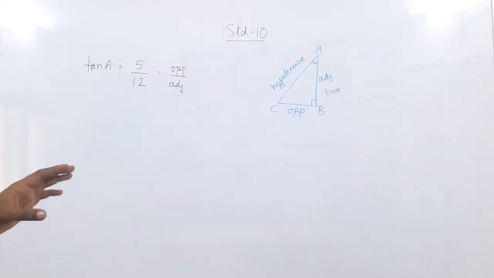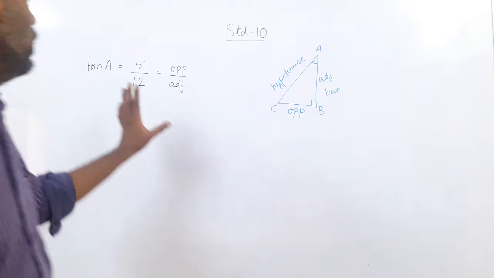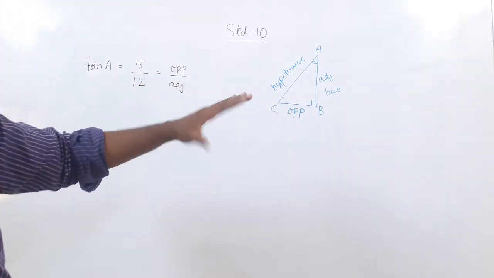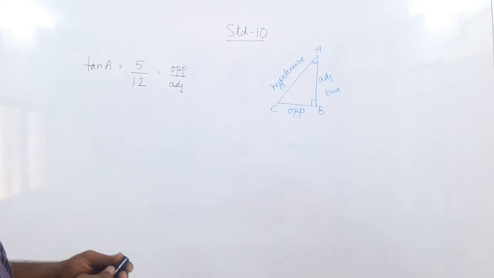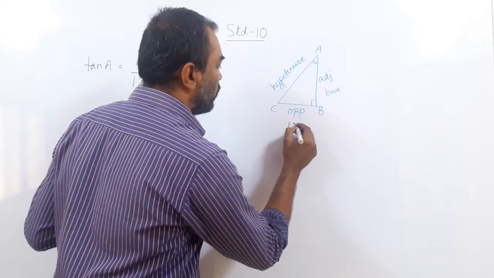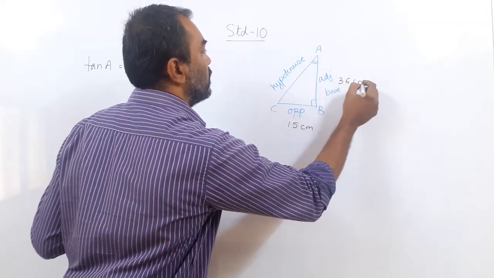This does not mean that the sides are 5 and 12. Do not think that the sides are 5 and 12. It is the ratio after cancelling. So let us say the sides could be, this is, let us say, 15 centimeter, and this is 36 centimeter.